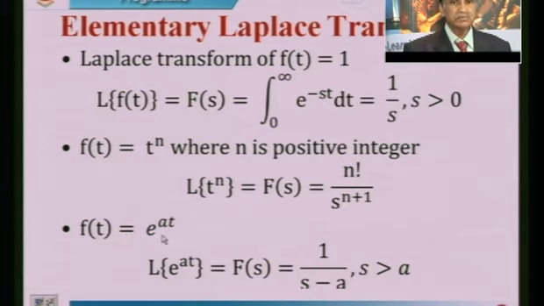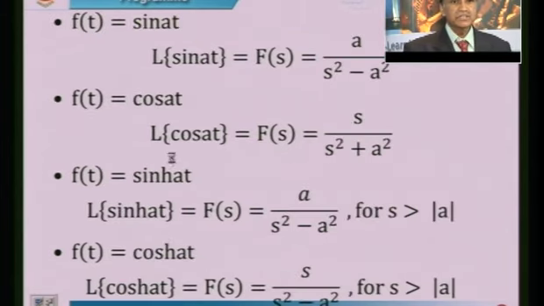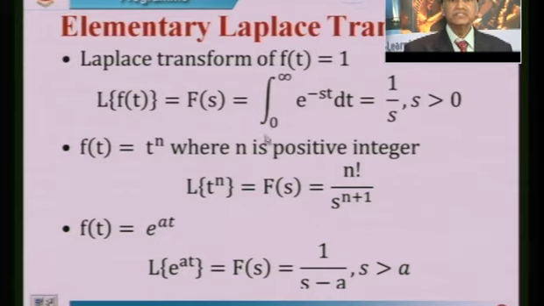Another thing is the exponential term. In a similar fashion, in the basic definition of Laplace of f of t, f of t is going to be replaced by e to the power at. This term is going to be multiplied by the exponential term e to the power minus st, and since the bases are the same, powers can be added, taking minus t outside here.